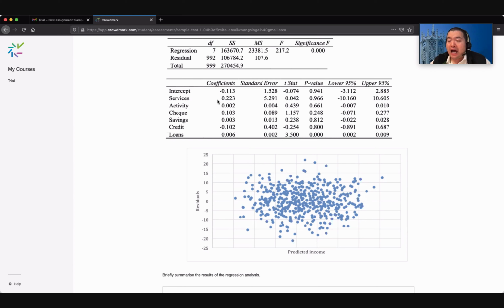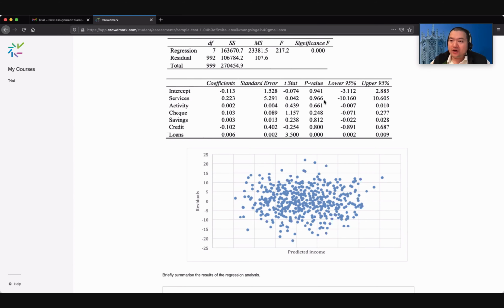But after this, you can immediately say, okay, but when we check the p-value, we find that the p-value is 0.966, which is higher than 0.1. What do we mean by 0.1? 0.1 is the significance level for 90% confidence.